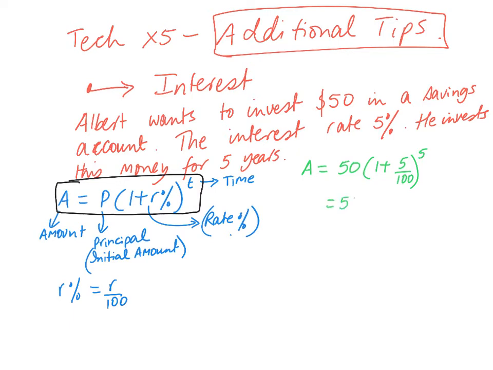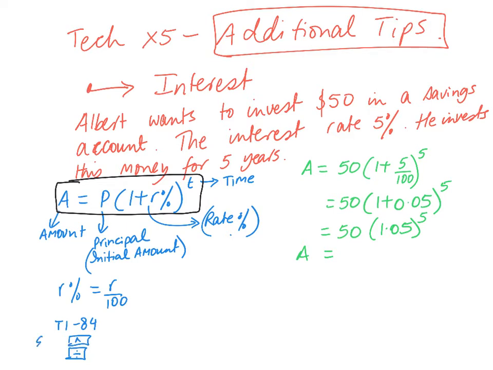So if we plug all of this in our calculator, we'll get 50 times 1.05 exponent 5, right? You use this caret on your calculator. So on your TI-84, you'll see a division, and above it you'll see a caret. So that's for your exponent. Okay? So that's what you'll use for the exponent part.